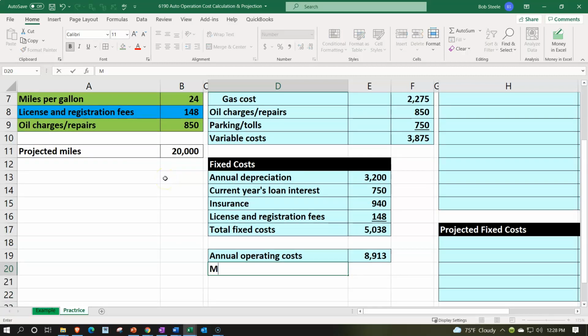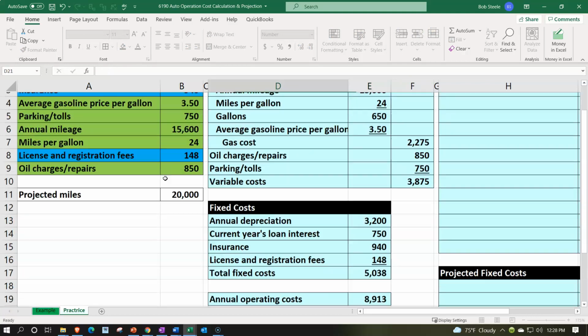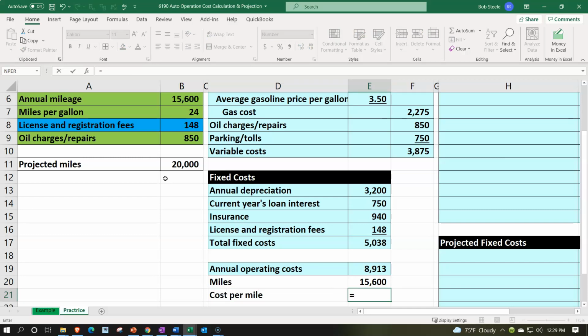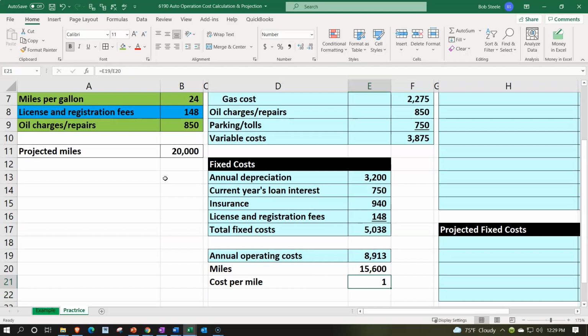You could say miles, let's pick up the current miles at the 15.6, and then say that would be the cost per mile, which would be equal to the 8913 divided by the 20,000, and add a couple decimals. We're talking 51 cents a mile or something.